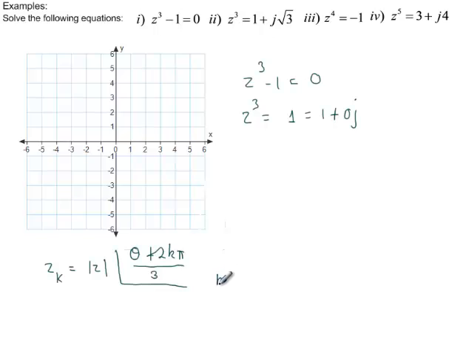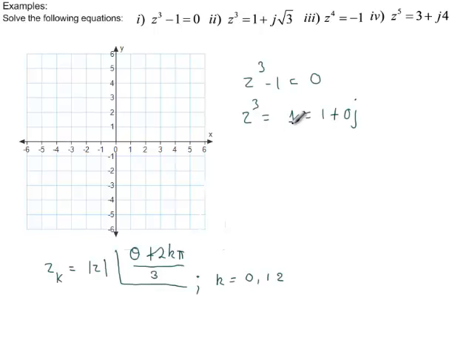Now, what is k going to be? I talked about k before. Guys, give me k. 0, 1, and 2. That is 3 minus 1. So we're going to have 3 solutions.